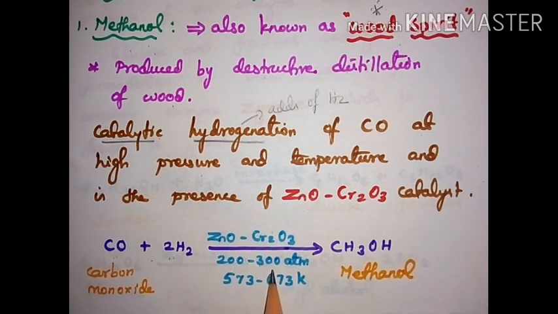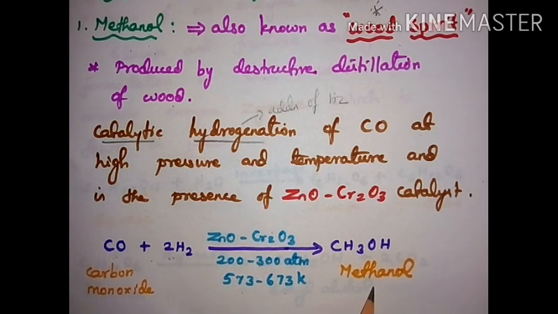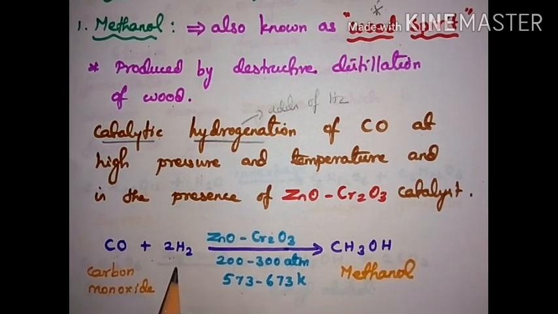Pressure is maintained at 200 to 300 atmosphere and temperature 573 to 673 Kelvin. So carbon monoxide undergoes hydrogenation in the presence of catalyst.